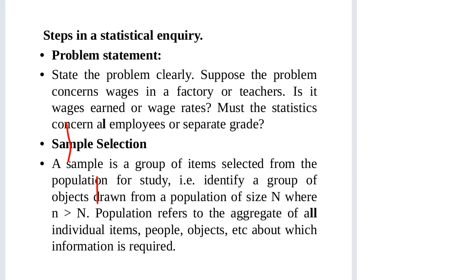For example, if we want to study the performance of students in Kenya, it may not be possible for us to carry out a study based on all the students in the country. Because of this, we will be required to select a sample from the students. So we can select a few students and carry out a study on the students selected.